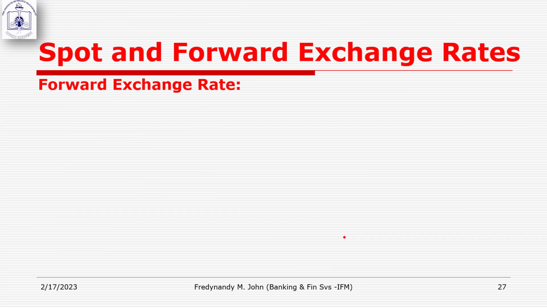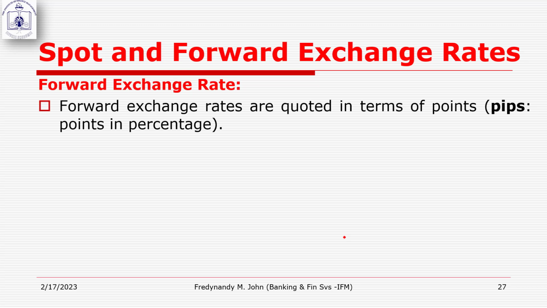Now, how do we determine spot and forward exchange rates? Of course, the spot rates are given. Remember from the definition, spot rate is the rate that we use to purchase currency for immediate delivery. But what about the forward rate?